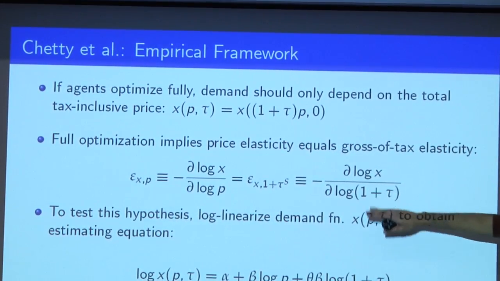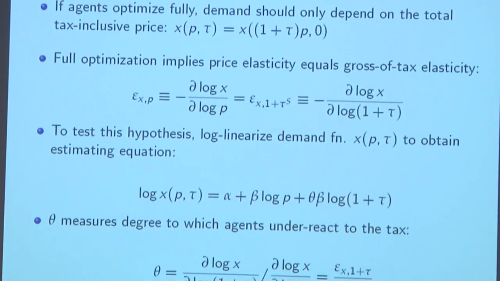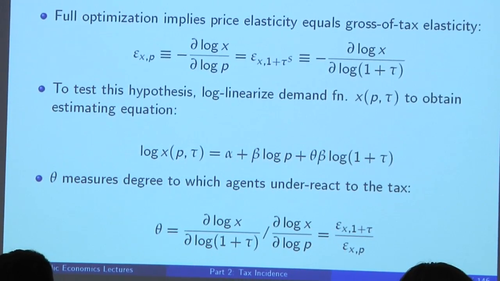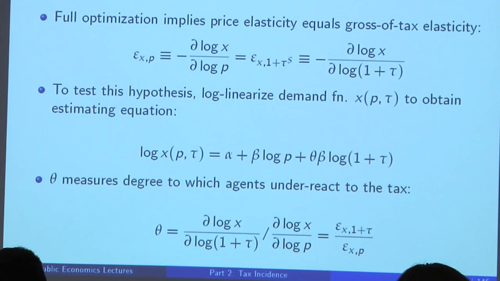So the way we're going to test this hypothesis is to log linearize the demand function. All that means is, one way to think about it is we just assume that the demand function has this log linear form, or another way to think about it is start from whatever demand function you want and take a log Taylor approximation in logs. It's basically the same thing. And you're going to obtain this estimating equation.